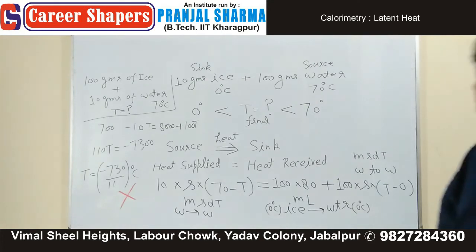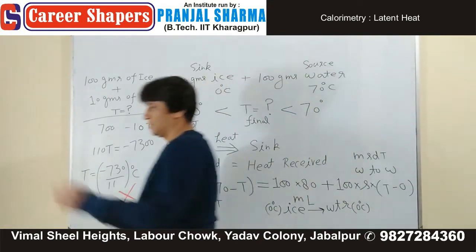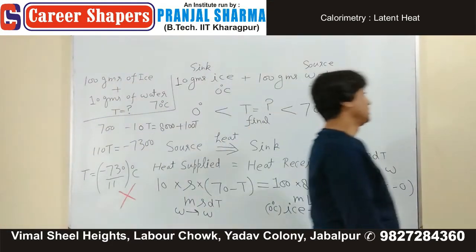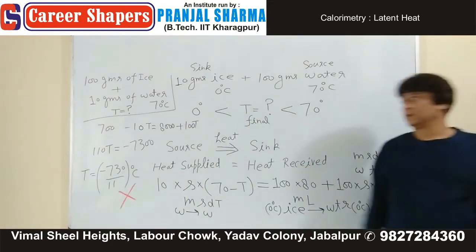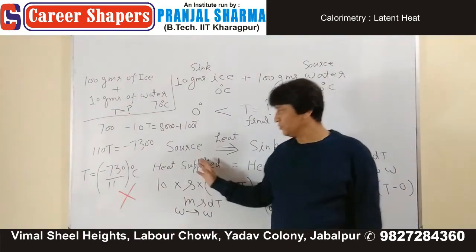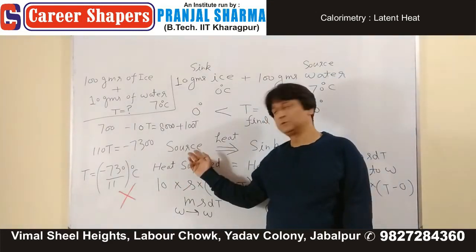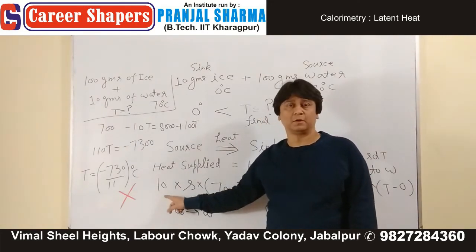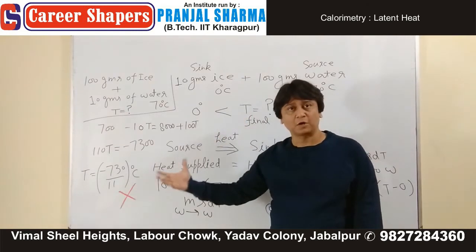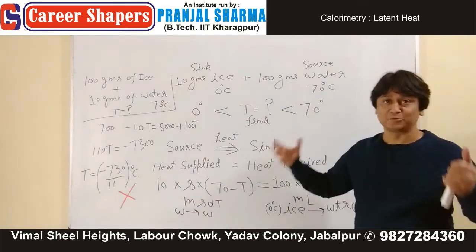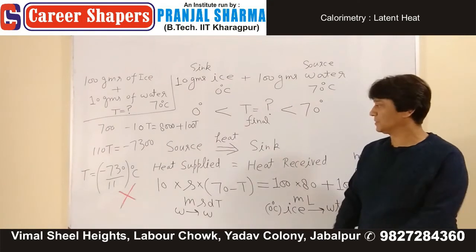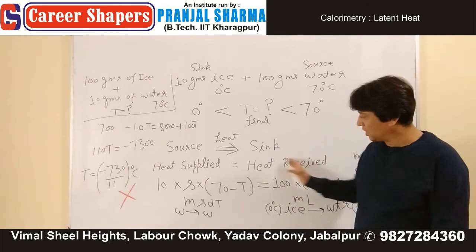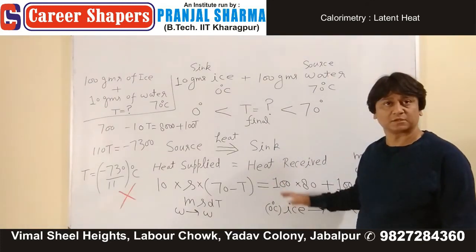The last answer I've got is the perfect, appropriate thing. This water source, 10 grams of water, is not powerful enough in terms of heat supply that it can melt the total 100 grams of ice.